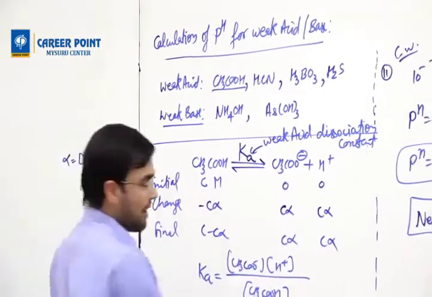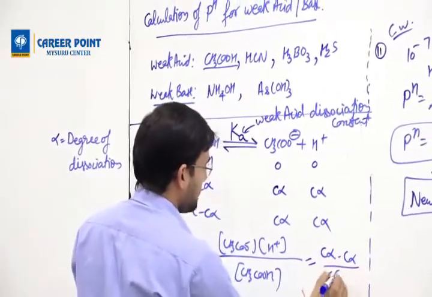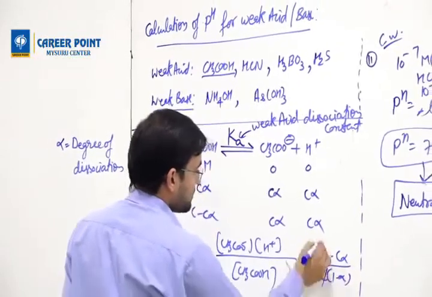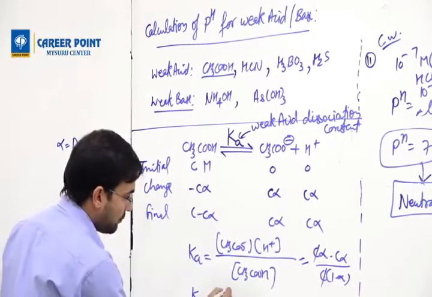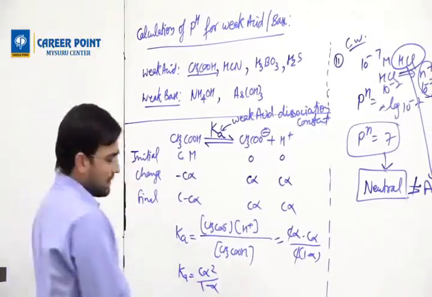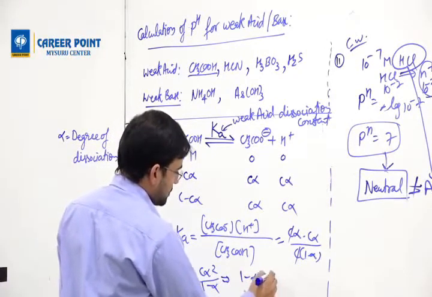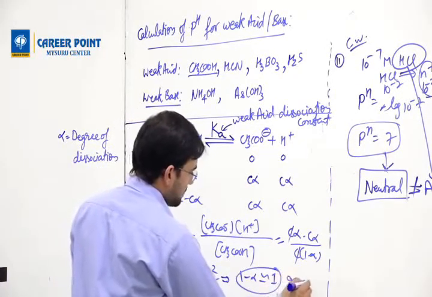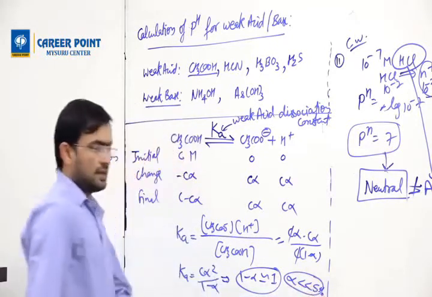I'm going to put their values. This is C alpha into C alpha divided by C(1 minus alpha). C gets cancelled. We get Ka equals C alpha square by 1 minus alpha. Okay. Then we make one assumption that 1 minus alpha is nearly equal to 1 because alpha is much less than 5%. This is the assumption we make.